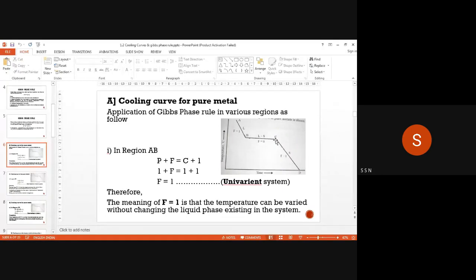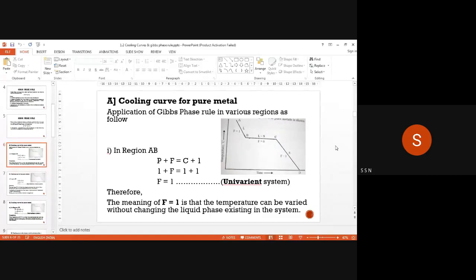After the C point, the phase will change. If you increase the temperature beyond C or B, because C and B are at the same level, the phase will change from solid to liquid. In between, at temperature B to C, there will be two phases, liquid plus solid.